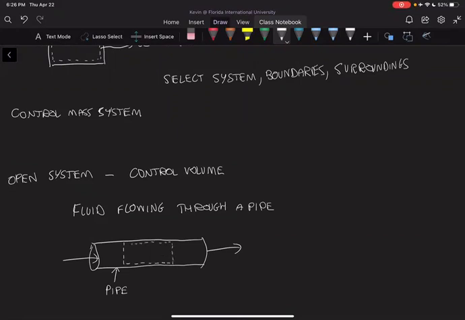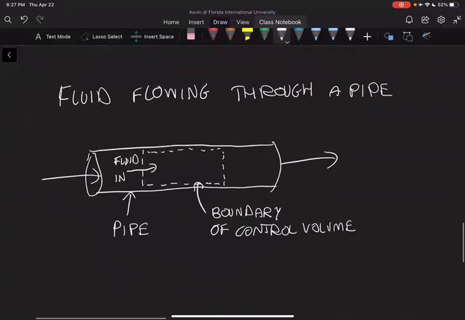Okay, we're creating a boundary, and this boundary is going to be a boundary of control volume. Within this boundary of control volume, we have some fluid coming in. So let me zoom in a little bit so that you can see better. So we have some fluid coming in and some fluid out.